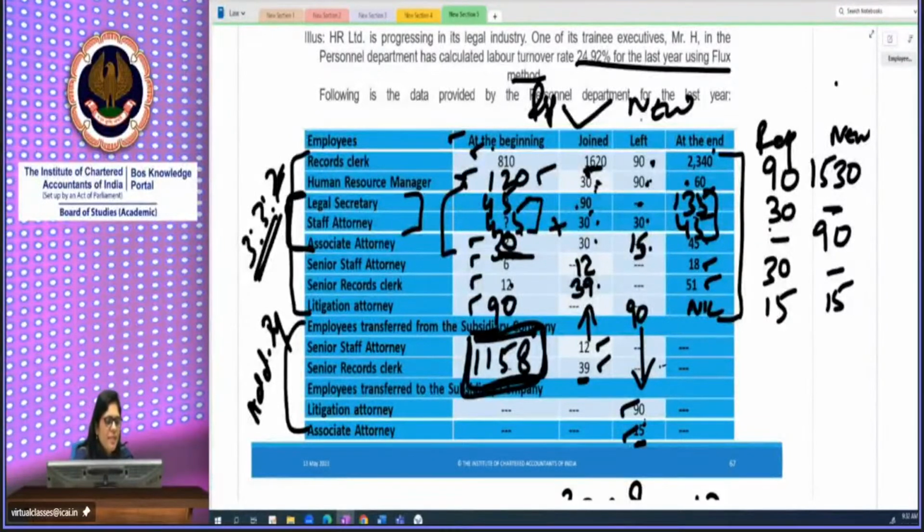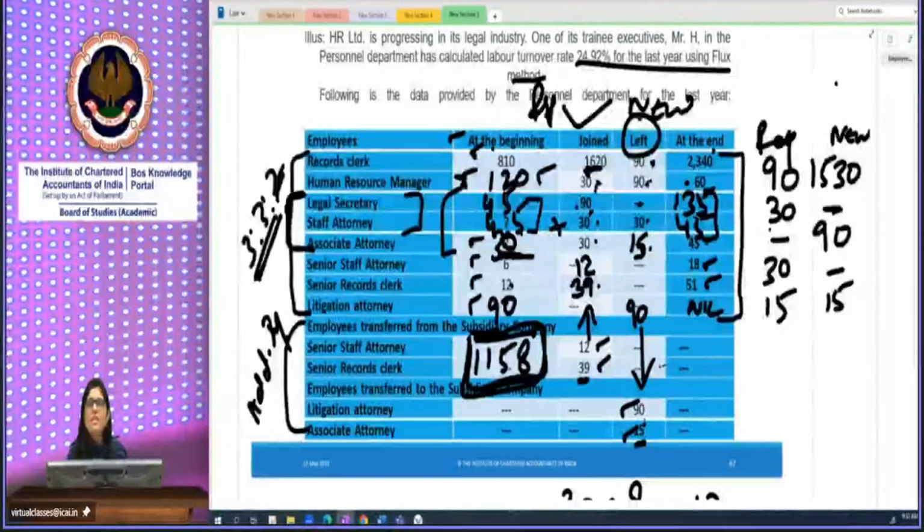Darshan, we are splitting them into replacements and new joinees because we have to calculate replacement turnover, separation turnover, and flux method. There are three turnovers. For separation turnover ratio, we have the number of separations, that means the number of left. For replacement turnover, we have to calculate the number of replacements.